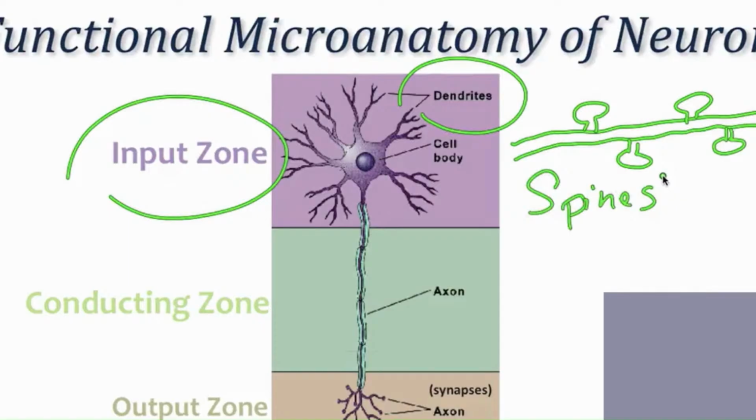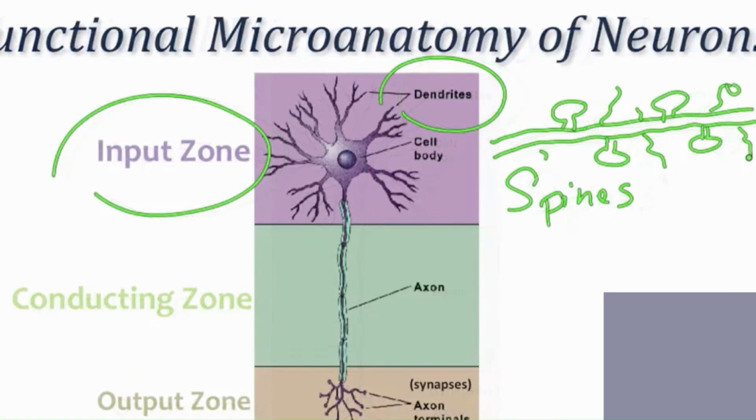Now, dendrites also have some very peculiar, very fine microstructural features, and these are called spines. Imagine that's a dendrite. And if we were to look at very high power, we might see under a microscope that there are these tiny mushroom-shaped protrusions out the side of that dendrite. These are called spines. Sometimes they're not quite so mushroom-like in their shape. They're more of a filament that extends some short distance away.